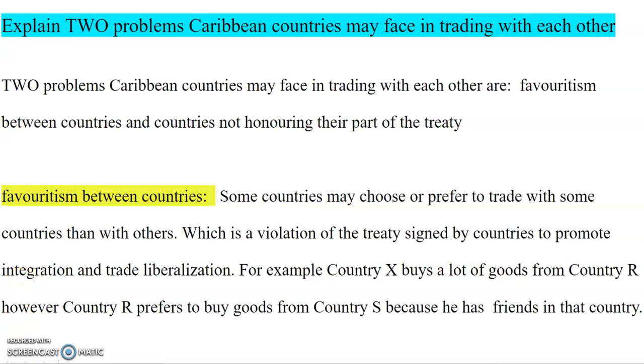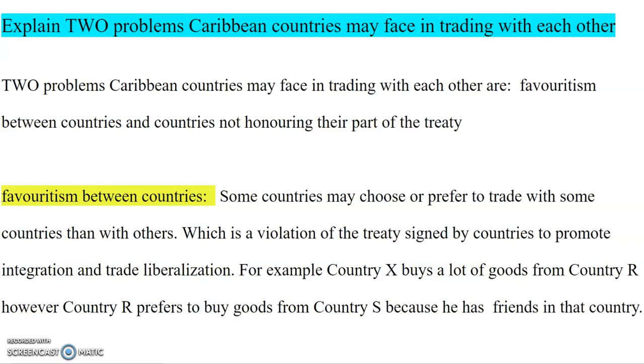Also, country R prefers to buy goods from country S because they consider country S to be a more developing country than country X, even though country X buys a lot of goods from country R. So we can see where this favoritism can cause a lot of problems between Caribbean countries when it comes to trading.